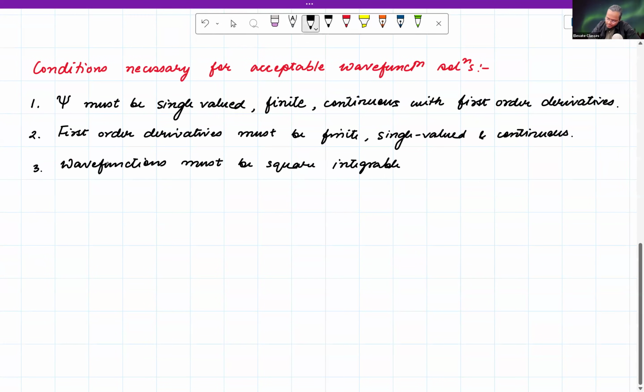So if I have the wave function mod square and the integration with respect to x from, let's suppose, minus infinity to plus infinity, this itself has to be finite. If it is finite, then we can always normalize it.